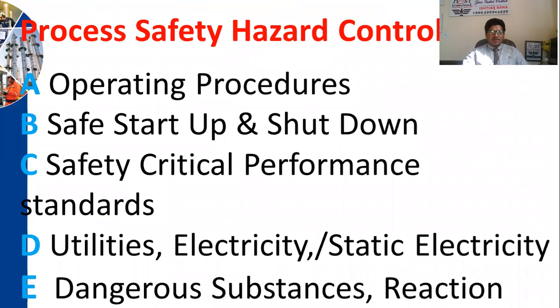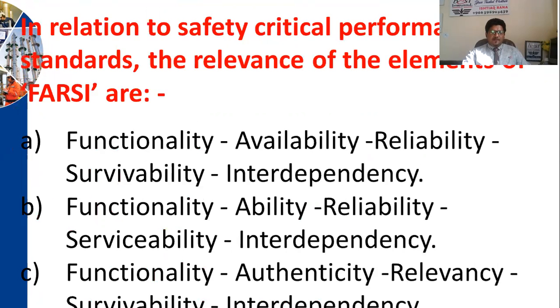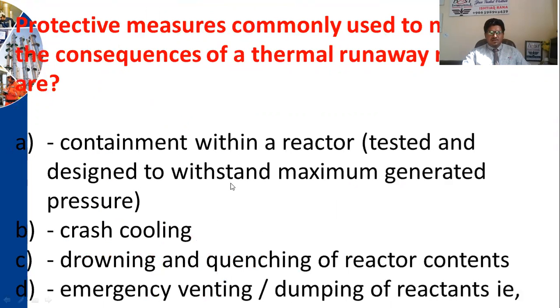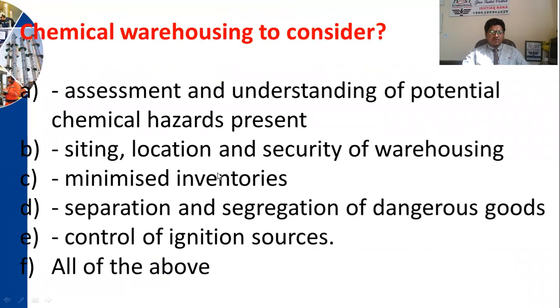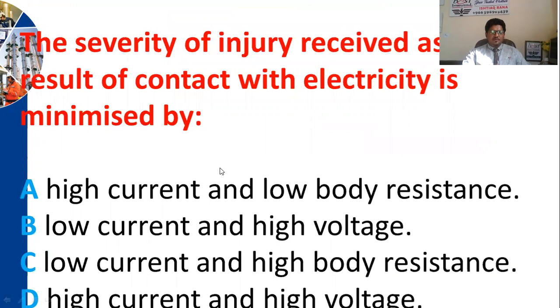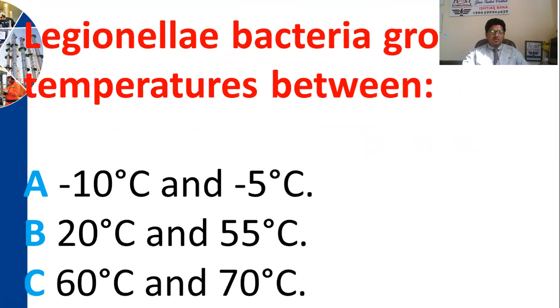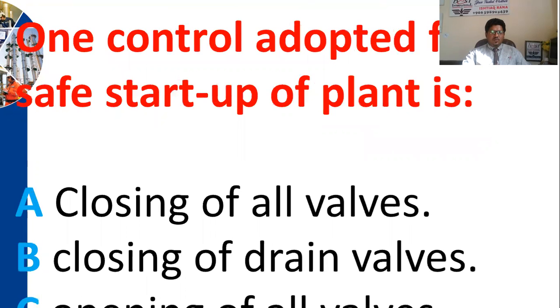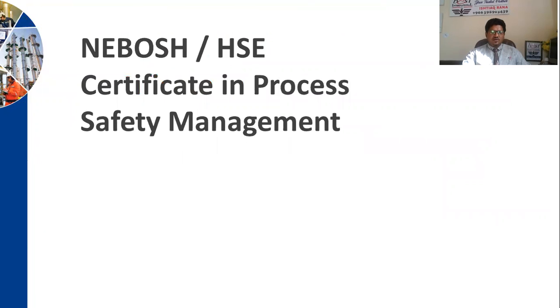It was really hard to type all these. On process safety hazard control, you need to select the right option. Corrective measures commonly used to mitigate the consequences of thermal runaway reactions, chemical warehousing. So you can go one by one with all these questions and find out the right answer.